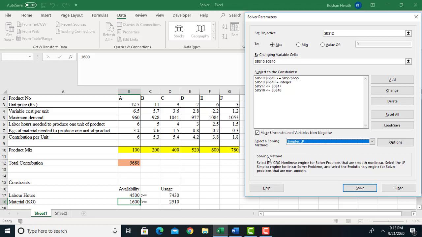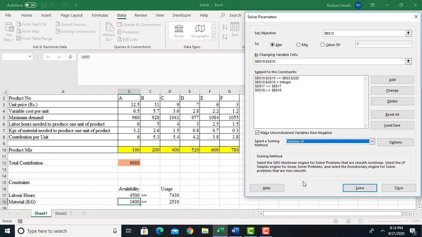You can further read on this solving method. Select the nonlinear engine for solving problems that are smooth nonlinear. Select the LP simplex engine for linear problems, and select the evolutionary engine for problems that are non-smooth. So out of these different kinds of relationships, we are going to assume that among the dependent and independent variables, you would have this simple linear relationship.